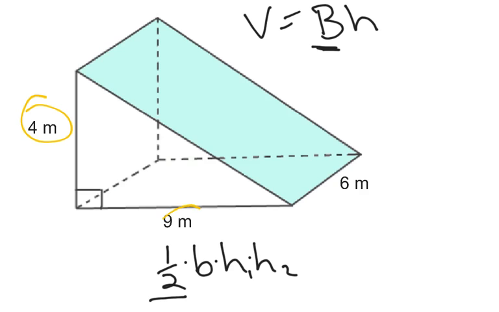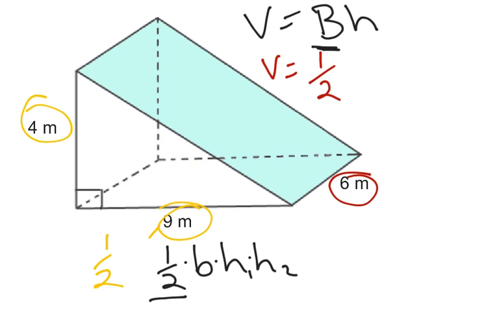We have 4 times 9, and we need to cut that in half for the base. And then we multiply that by the height. So when I plug in my numbers, I get half of 4 times 9 times 6. Then we can go from left to right, or really in any order that we like. In this case, I think it's easier to go left to right.